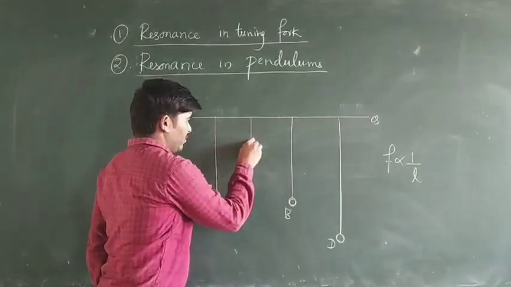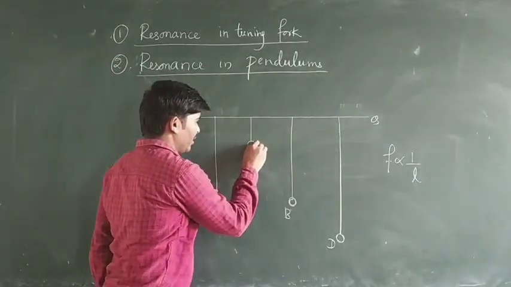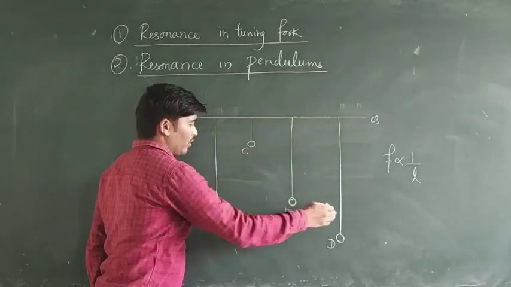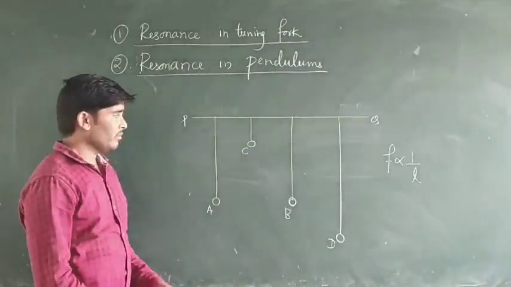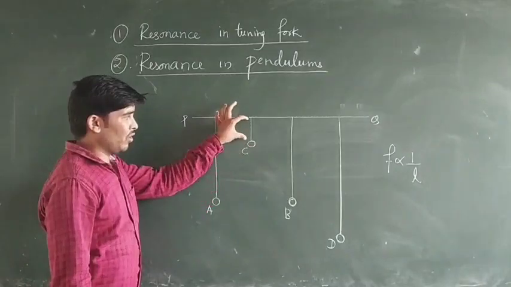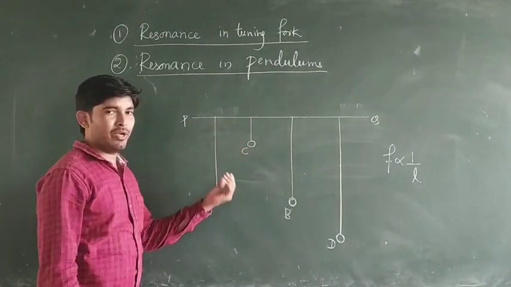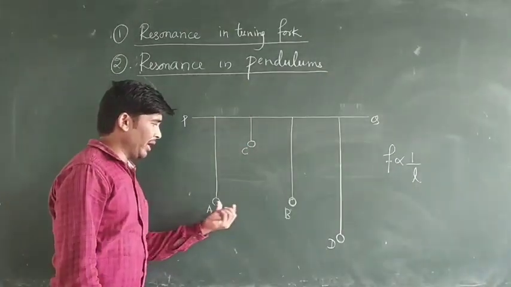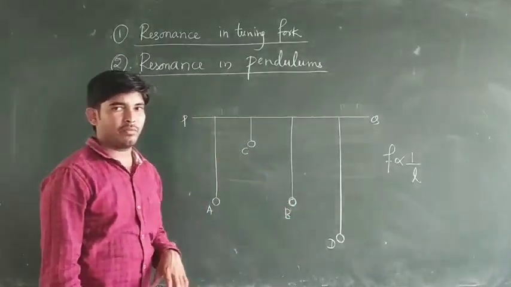And pendulum C is shorter than all the other pendulums, so due to its shorter length, its frequency is obviously more than that of pendulum A or B.